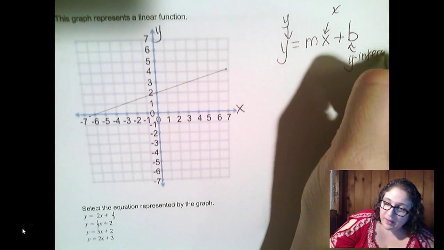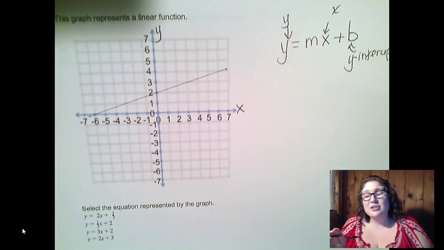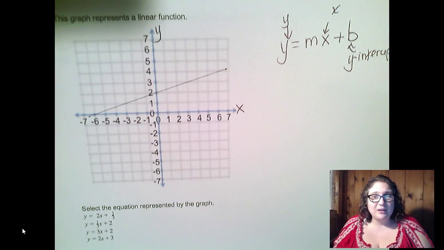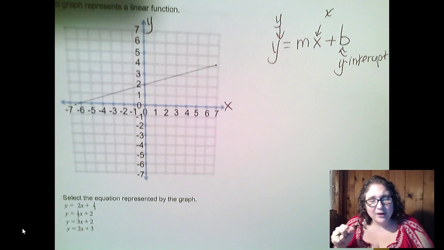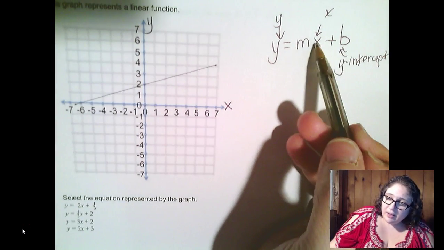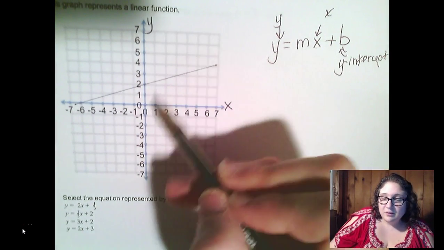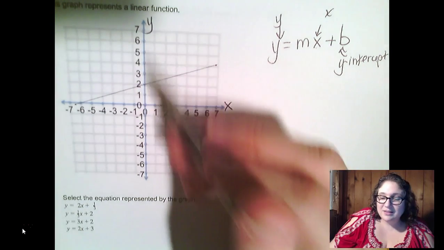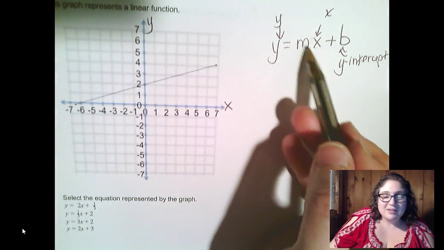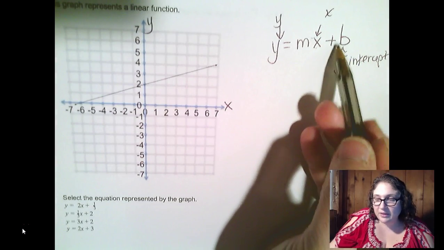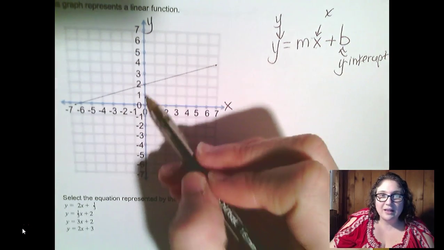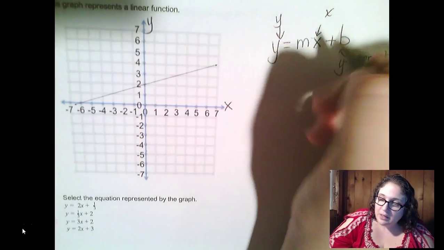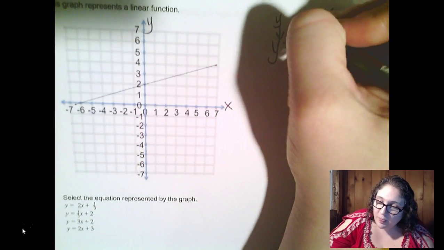Now, if you forgot that it stood for the y-intercept, I'm sorry it's going off the page, but you can handle it. You're 8th grade. If you put 0 in for x, because remember the y-axis is 0, this cancels out. So you're only left with this extra stuff, which is where it crosses the line. That's why it works. M happens to be the slope.